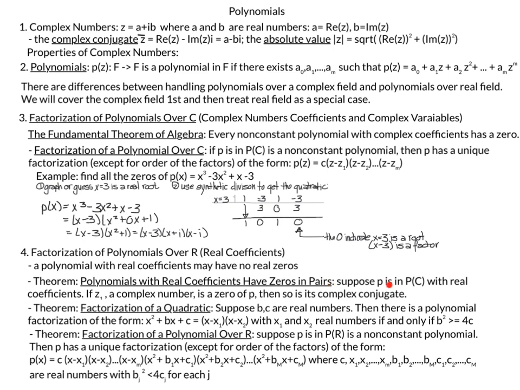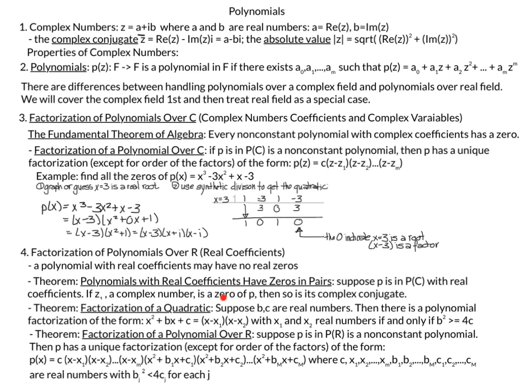That is, suppose P is a polynomial over the complex numbers with real coefficients. If Z1, a complex number, is a zero of P, then so is its complex conjugate. So again, polynomials with real coefficients have zeros in pairs. If Z1 is a zero, then so is Z bar, its complex conjugate.